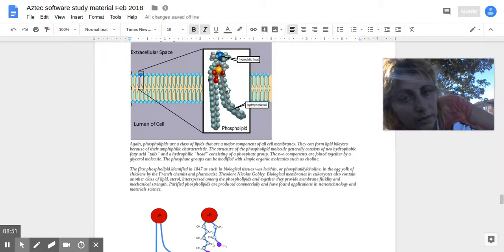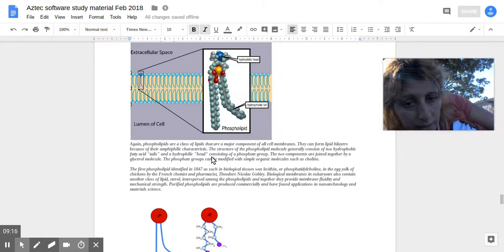So the two fatty acid tails are not lined up perfectly, they're not perfectly symmetrical, which contributes to the fluidity of the membrane because it reduces the stacking of these phospholipid molecules. So they're not as rigidly close together.